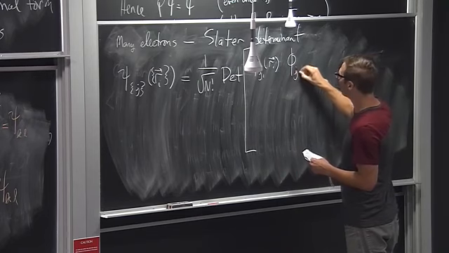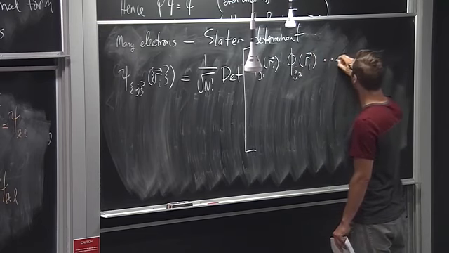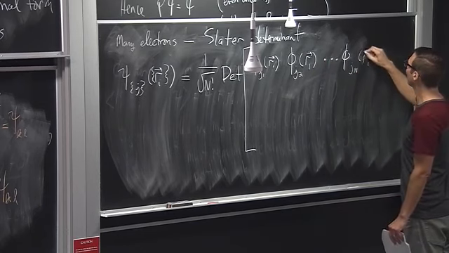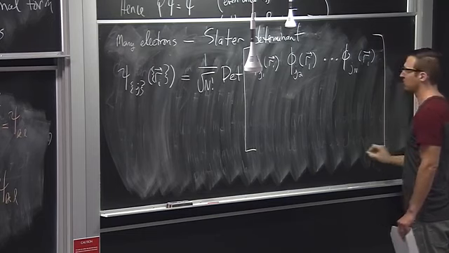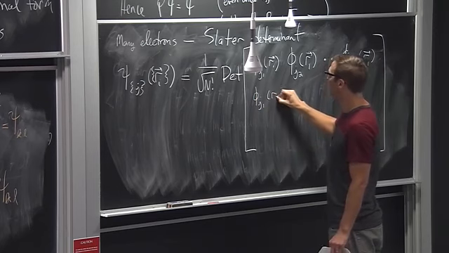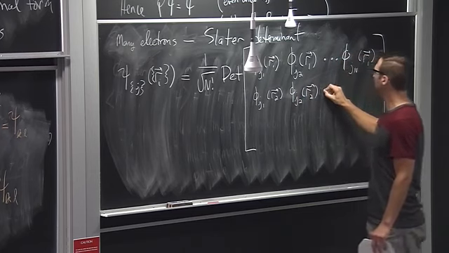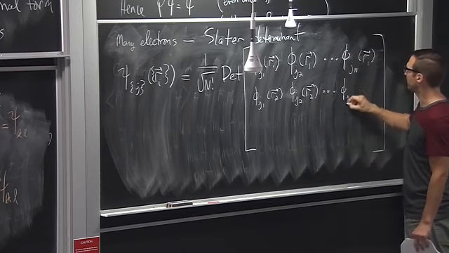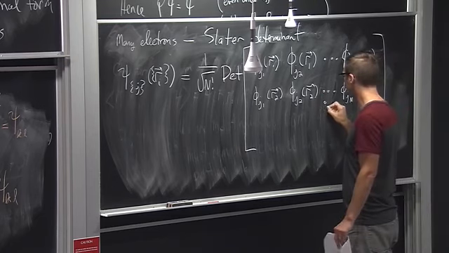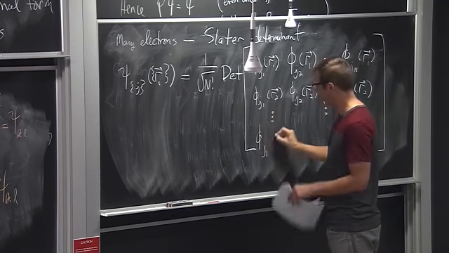So you just take the determinant of this object: R1, J1, R2, J2, and so on, down to J1, Rn.